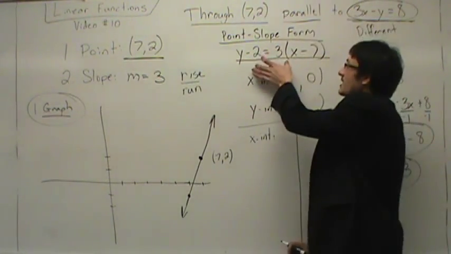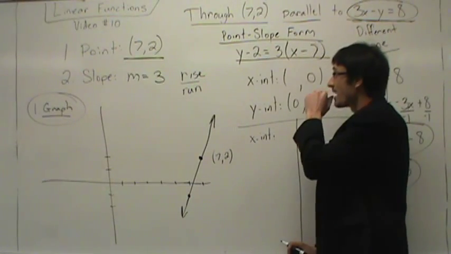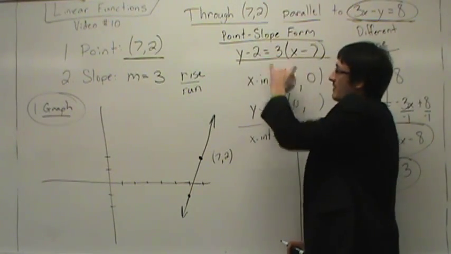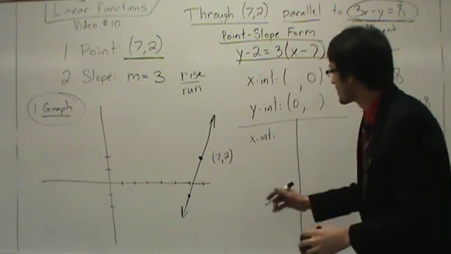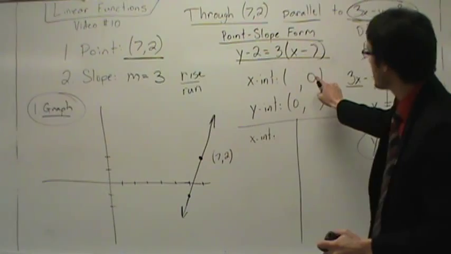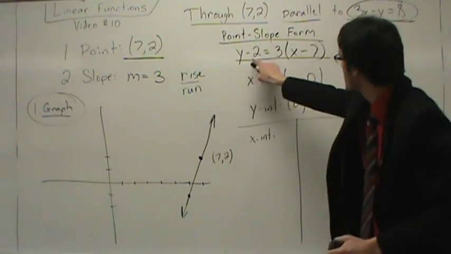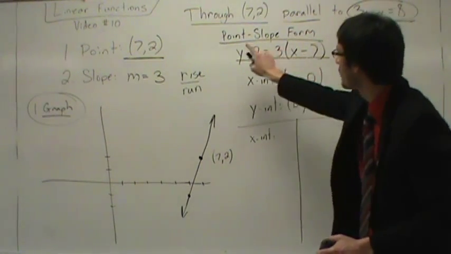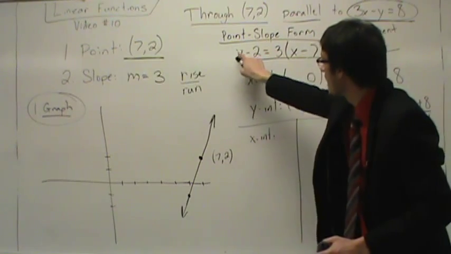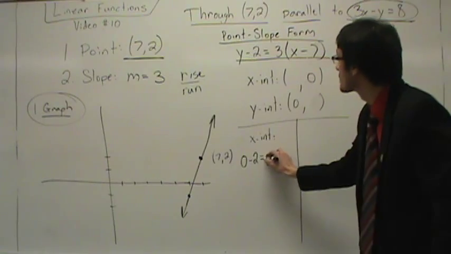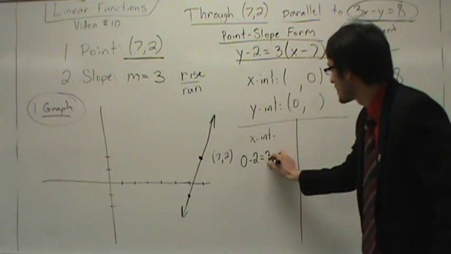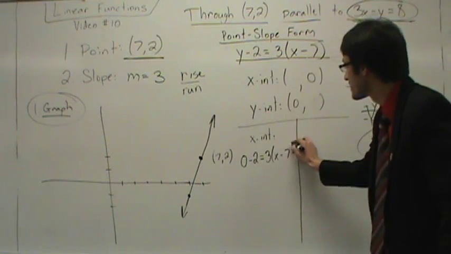So since we have our point-slope form, we can just simply use it to find our x-intercept and our y-intercept. Now, for x-intercept, we know that the y value is 0, so we're going to take this equation and put 0 in for y. So instead of y minus 2, we will have 0 minus 2 equals 3 times quantity x minus 7.